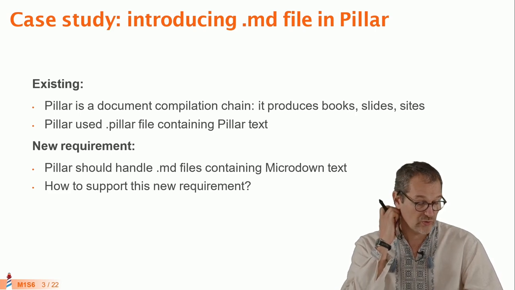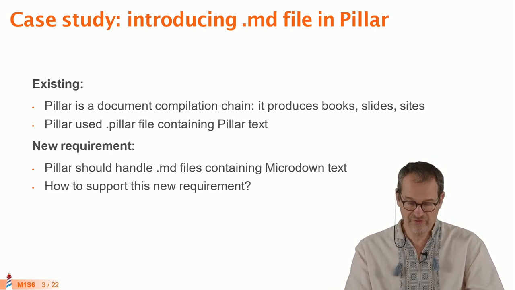So in fact, we got a new requirement, just like in real life: Pillar should handle Markdown files containing Microdown text. The challenge was, how do we support this new requirement, and how do we do it step by step without breaking the system? That's also something important. This change evolved over a month or two, and we didn't want it to break everything.